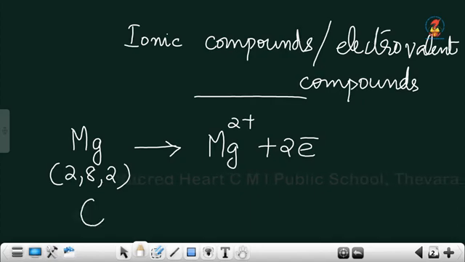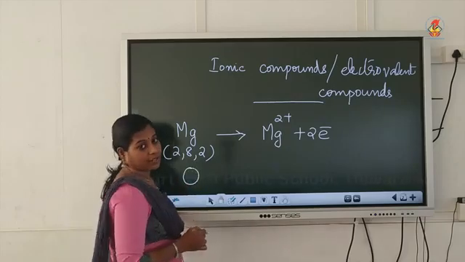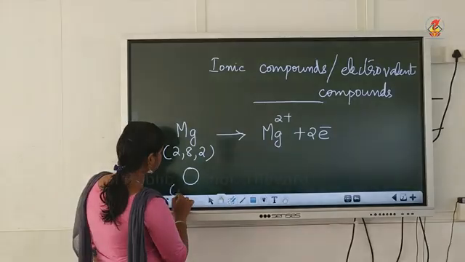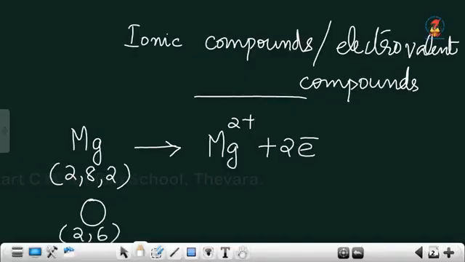Then oxygen, you know oxygen atomic number is 8. So the electronic configuration for oxygen is 2, 6. During the reaction it will gain 2 more electrons to complete its octet configuration, which is a stable one.